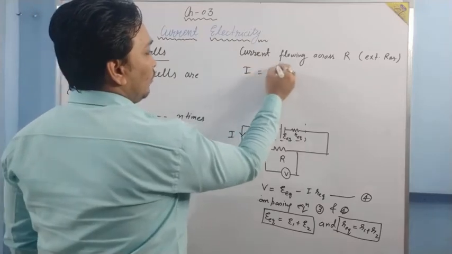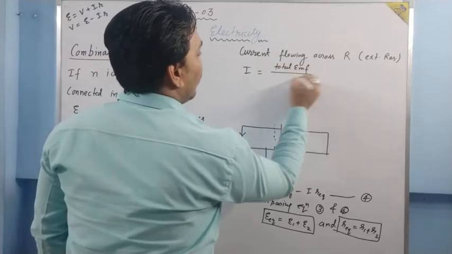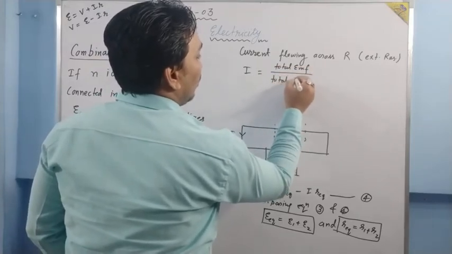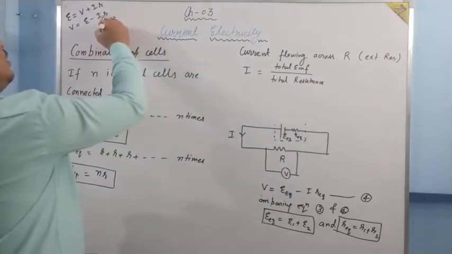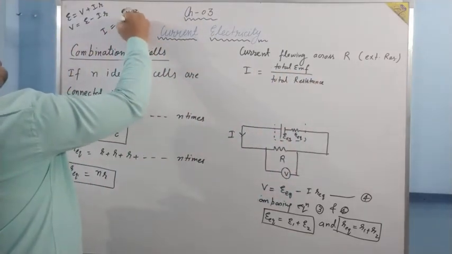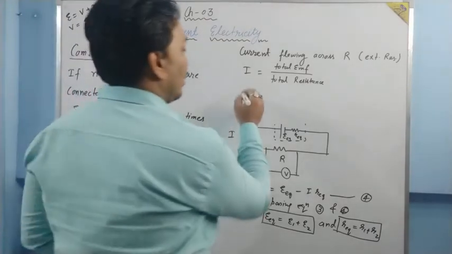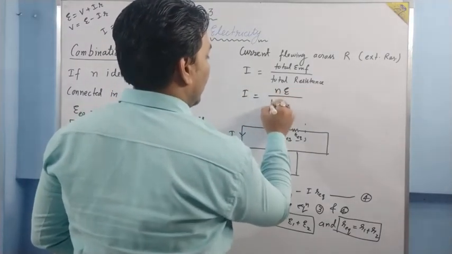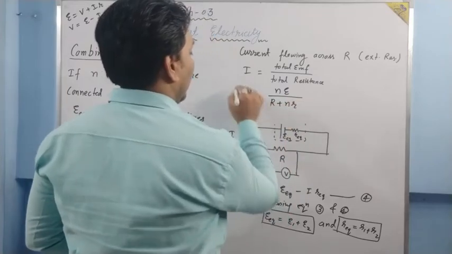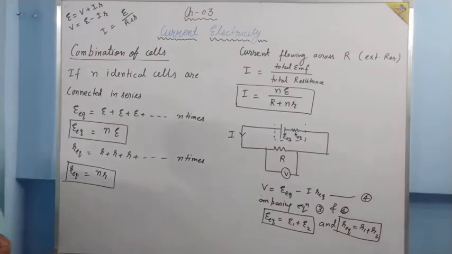I is equal to, the formula says, total EMF upon total resistance. If you remember, I is equal to E upon capital R plus small r. So the total EMF is N into E, and the total resistance is capital R plus N r. So this is the value of current which flows when n identical cells are connected in series.